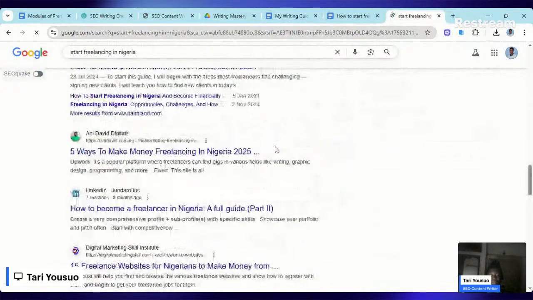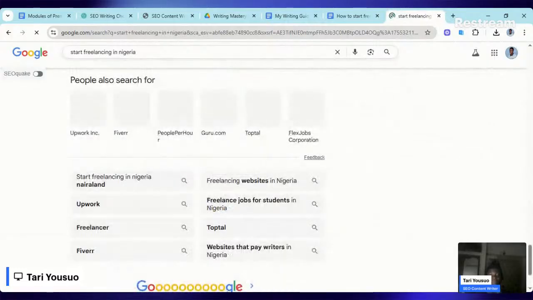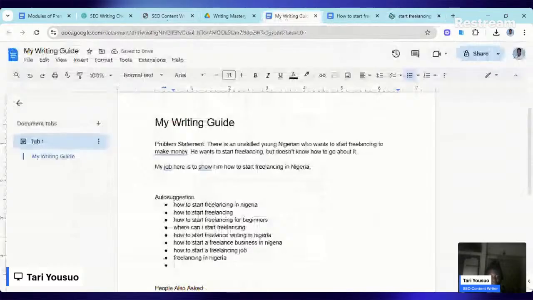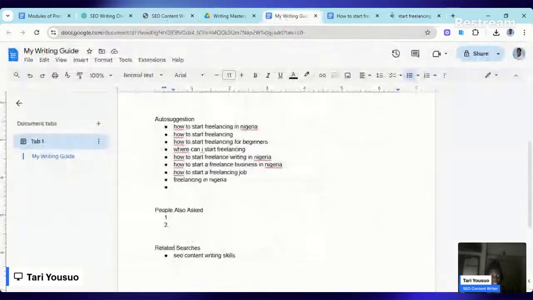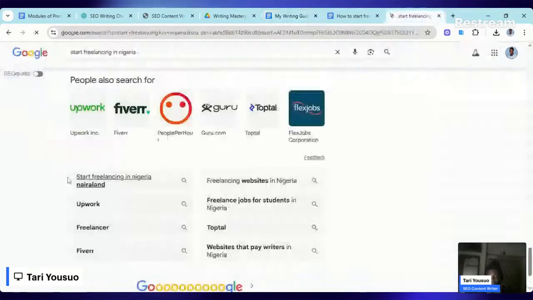But my interest here is the People Also Ask section searches. I'm just going to remove this. This is the related searches.